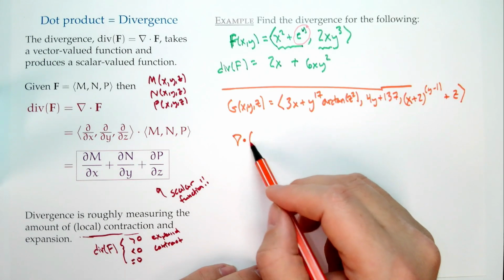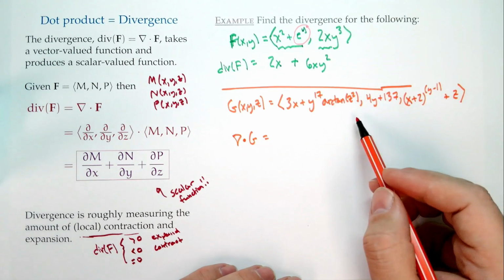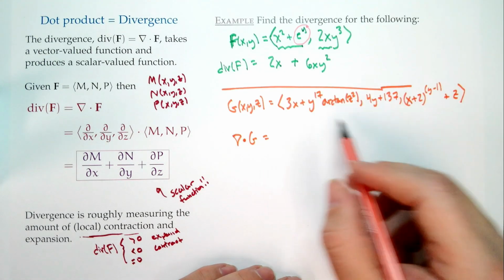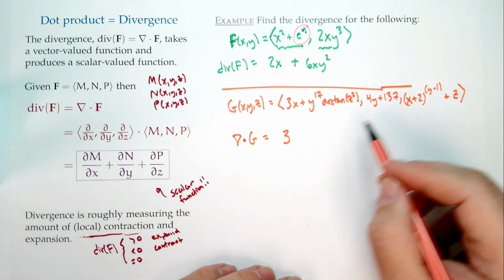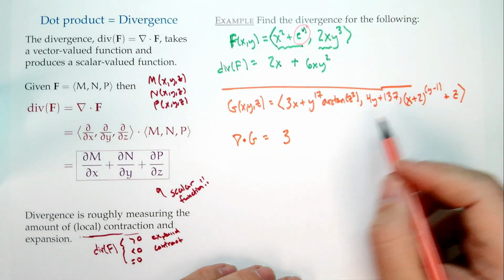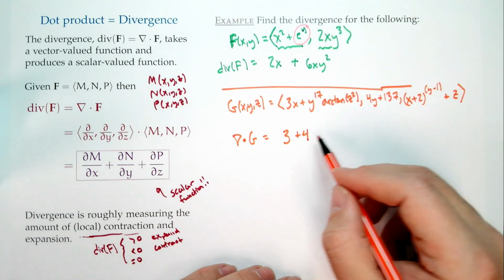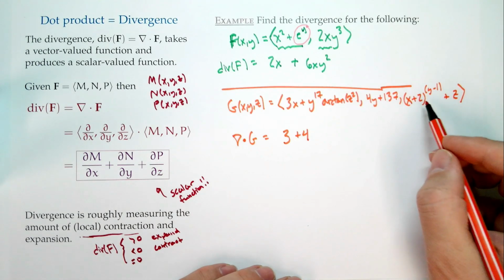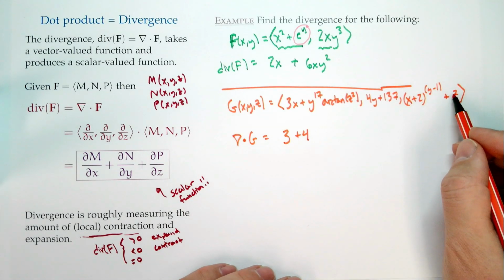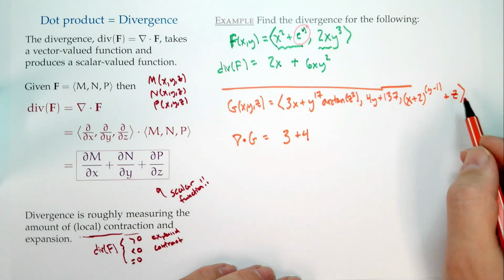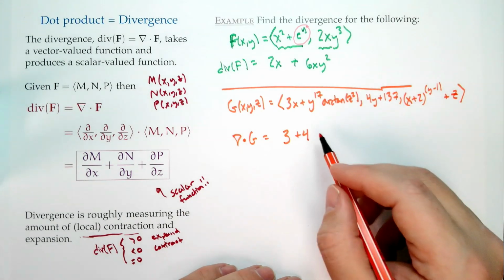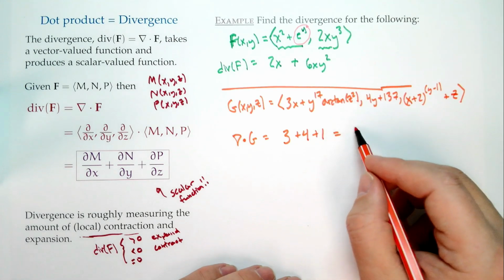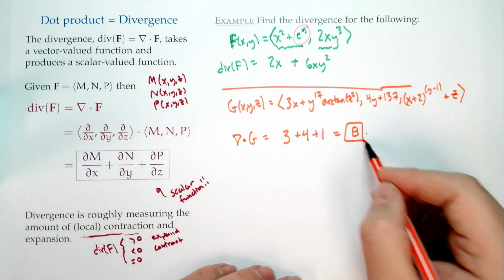Del dot G. Well, in the first entry, take the derivative with respect to x, you get 3. Second entry, derivative with respect to y, you get 4. Last entry, that's a 2, and that's not a z. I know my 2's and z's look similar, so see, my z has a little dash. Derivative with respect to z, it's a 1, giving us an 8.